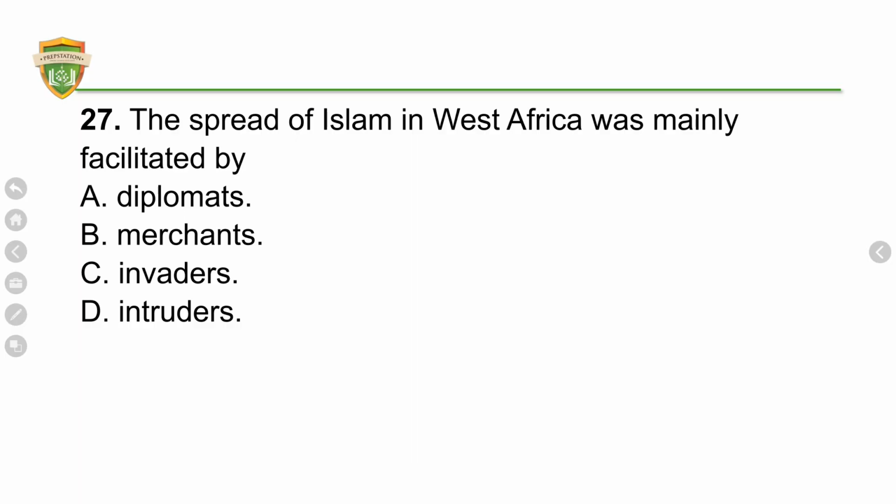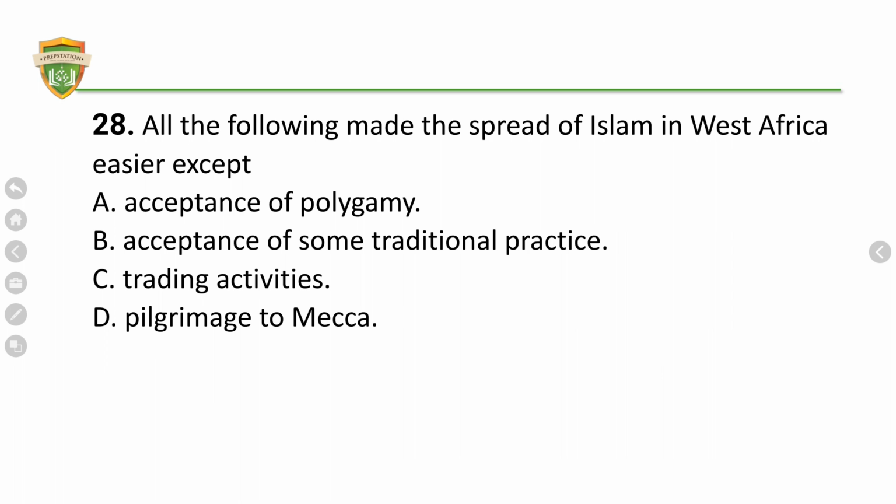The spread of Islam in West Africa was mainly facilitated by which people? B, the merchants. The traders, the Berber merchants, the Arab merchants. It was through the merchants. All the following made the spread of Islam in West Africa easier except dash.